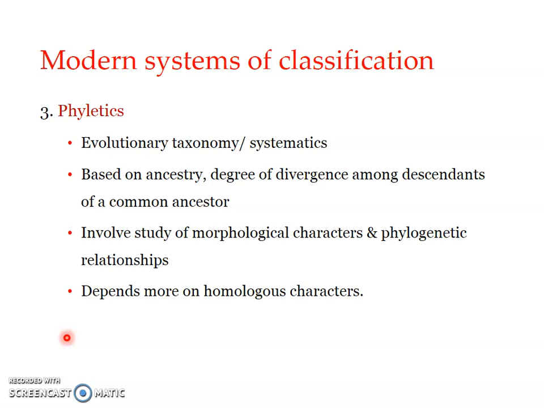So when we have a set of organisms that have homologous characters, that means they have originated from a common ancestor. Instead, if we find that a set of organisms have analogous characters, obviously they have come from different ancestors. That is how we can include the morphological or anatomical characters and the phylogenetic relationship together for the sake of the phyletic system of classification.